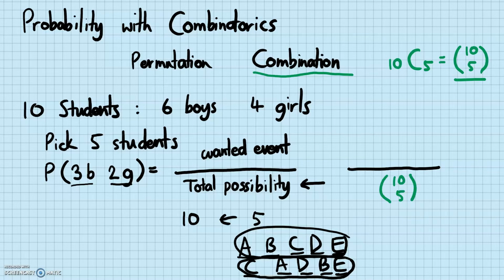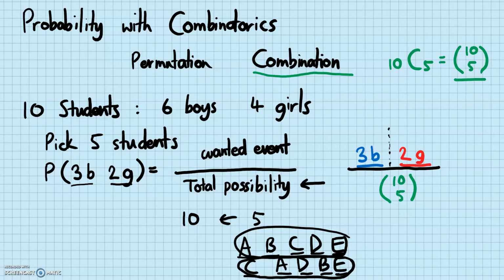And the wanted event on the top, more specifically, our wanted event is 3 boys and 2 girls, right? And we want to know how many different ways of choosing 3 boys and 2 girls there are. Well, we can divide this into 2 groups, and we can consider the boy part and then the girl part.